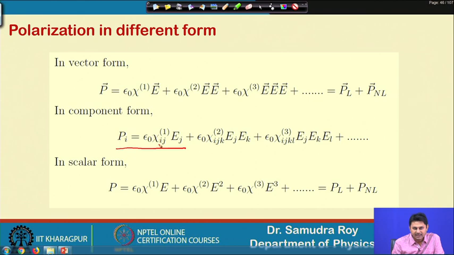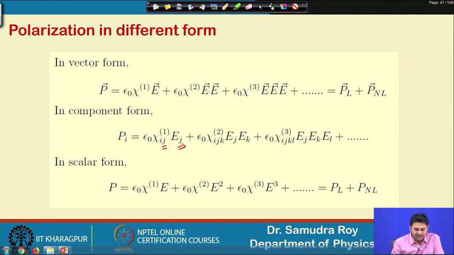So, chi ij is nothing but a tensor quantity having a few components, and then i is there and j is there. So, there is one j here for this chi and another j here for E. So, these two j are there. We know that this is called the Einstein notation.